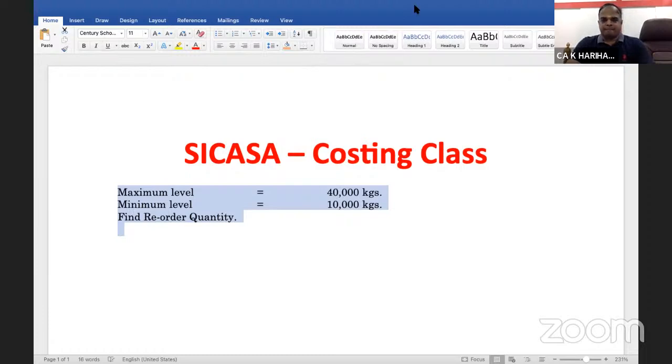So what is the answer? Which formula do you have to use? The requirement of the question is reorder quantity.